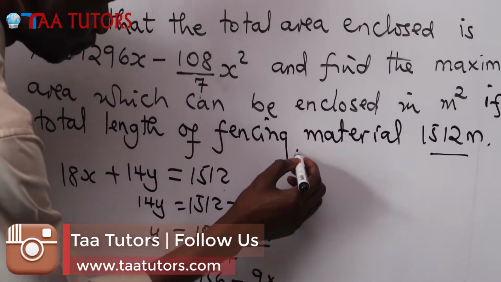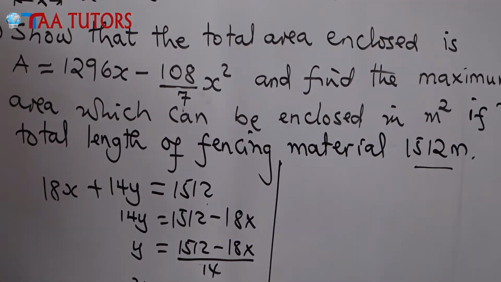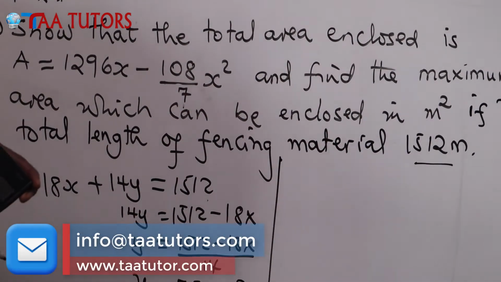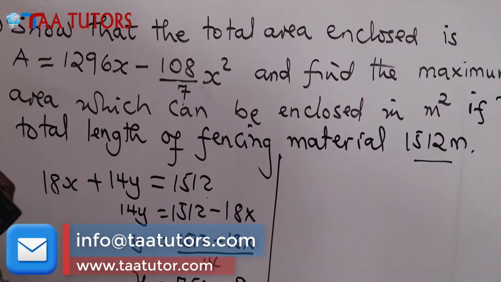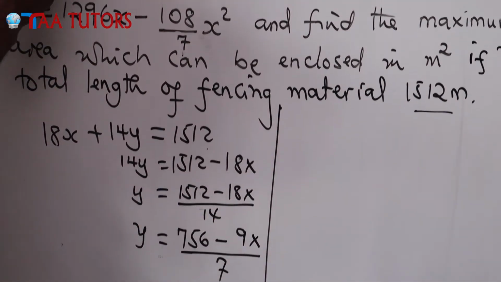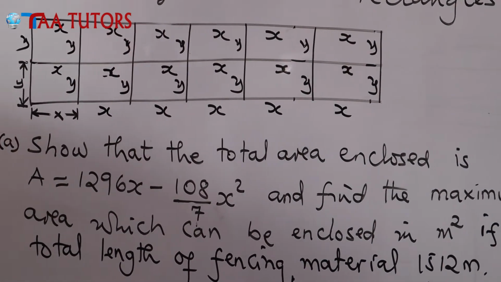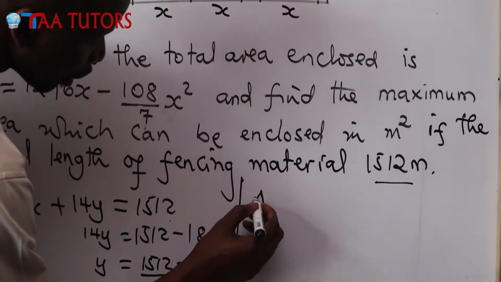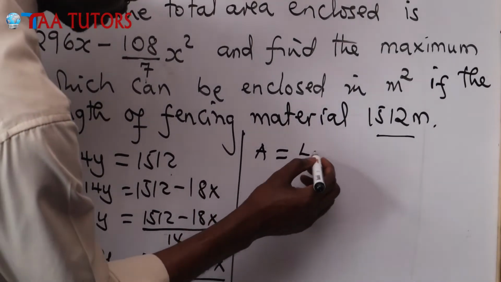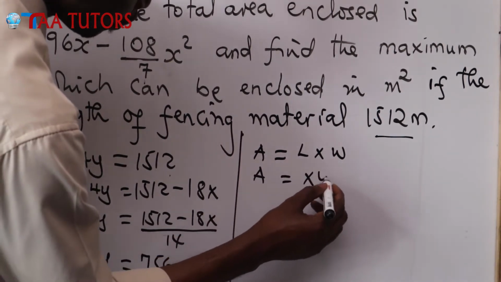Let us now substitute this y to get the area. The area of the small rectangle will be length times width, and area is xy.